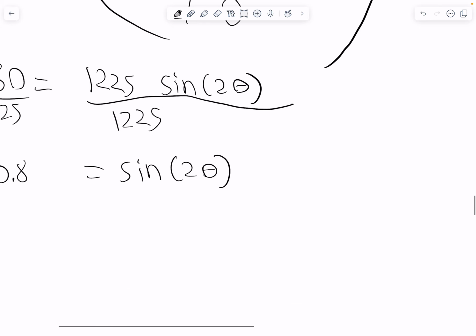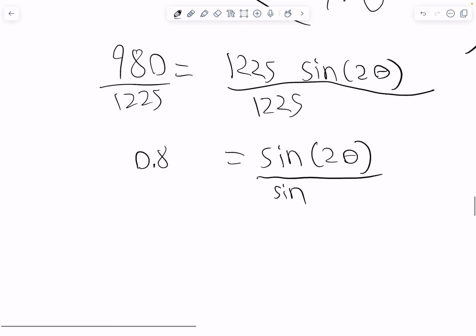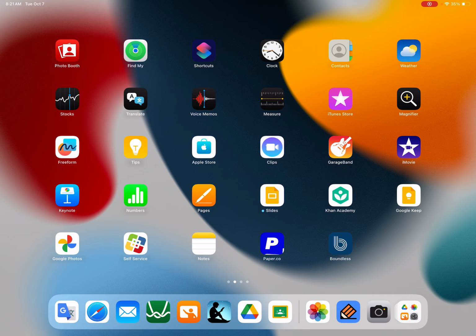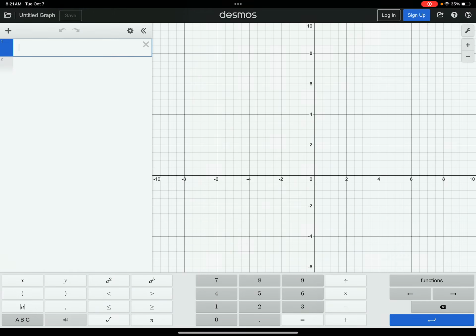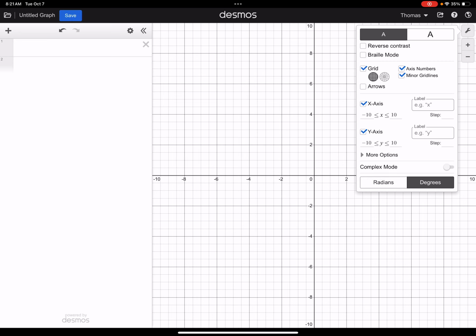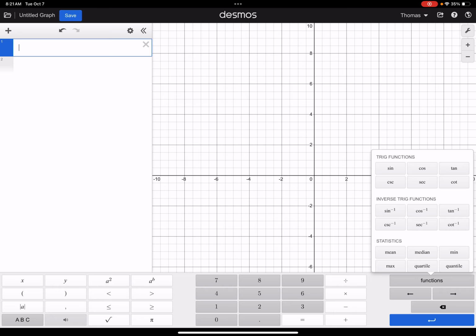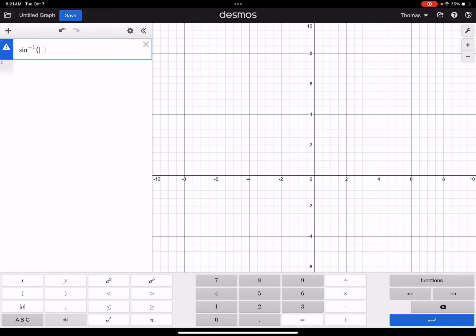Now, to get rid of this sine, technically we're kind of dividing by it, which just means we do the inverse. So we're going to do the inverse of sine of 0.8. In order to do that on your calculator, if you go to Desmos, always double check by hitting the settings and making sure it's in degrees. You go to functions, hit sine with the -1, and we are going to do 0.8, which is going to give us 53.13.